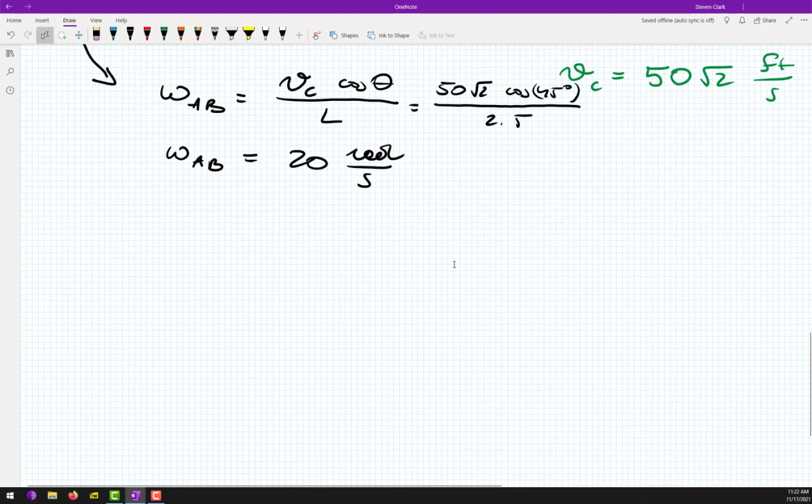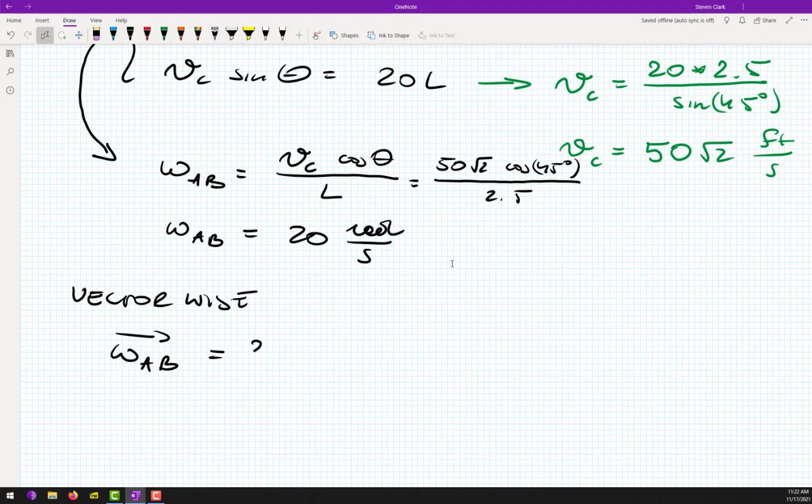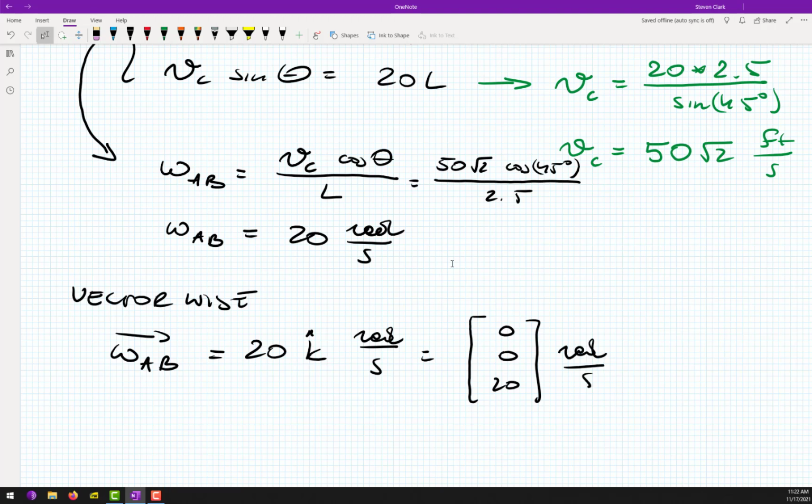Okay, now vector-wise, our omega AB will be 20k radians per second, or if you prefer vector notation, you can write 0, 0, 20 radians per second. This is positive, yes, so it will be counterclockwise.